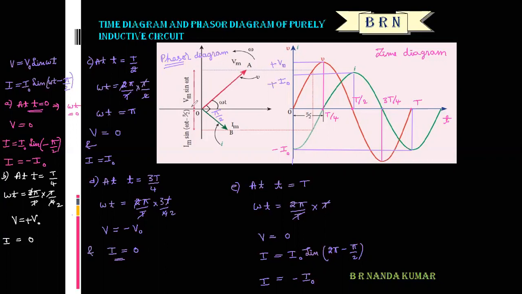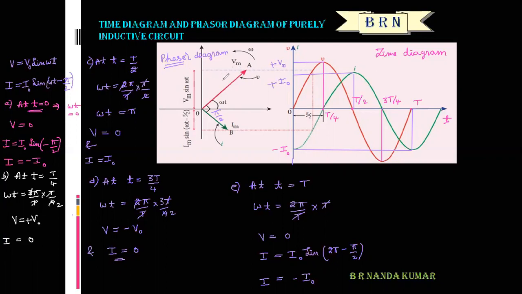Okay, so this one shows the instantaneous voltage. This one shows the instantaneous current, the instantaneous current going through the inductor. So at this point, the current is maximum, that is plus Im. At this point, voltage is maximum, that is plus Vm, or V naught.